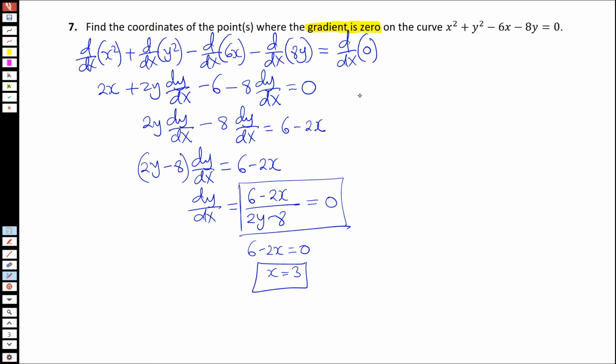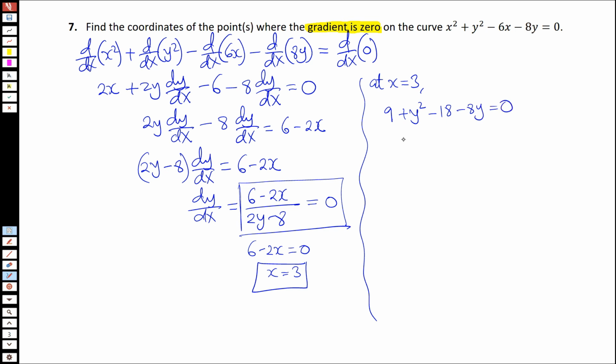So we can now proceed and say, when x is equal to 3, what will be the value of y? If you plug 3 in place of x, we have 3 squared, which is 9, plus y squared minus 18 minus 8y will be equal to 0.